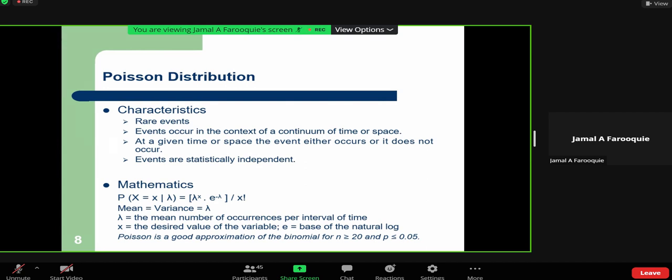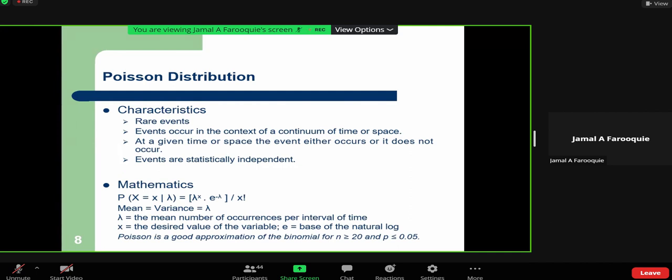Events are statistically independent here also, like binomial, and at a given time, the event either occurs or it does not occur. For example, if we explain this rare event, what is the probability of having two calls between 10 a.m. and 11 a.m. at a call center?